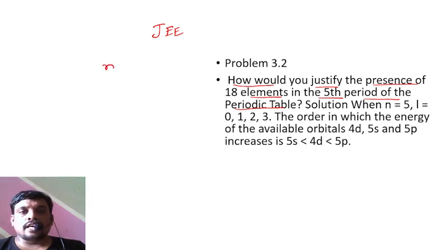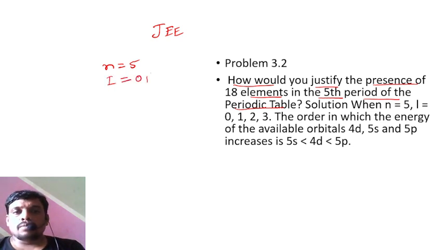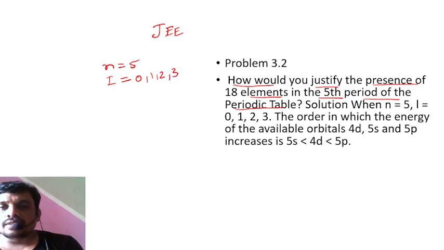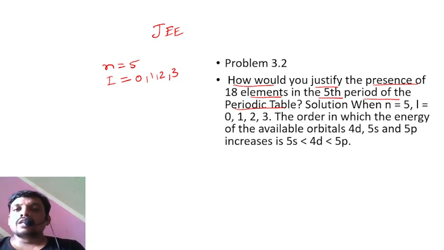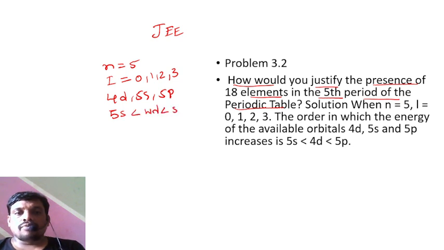Which means n equal to 5, principal quantum number n equal to 5, and l equal to 0, 1, 2, 3. Now the order in which energy of the available orbitals 4d, 5s, 5p increases will be 5s less than 4d, 4d less than 5p.